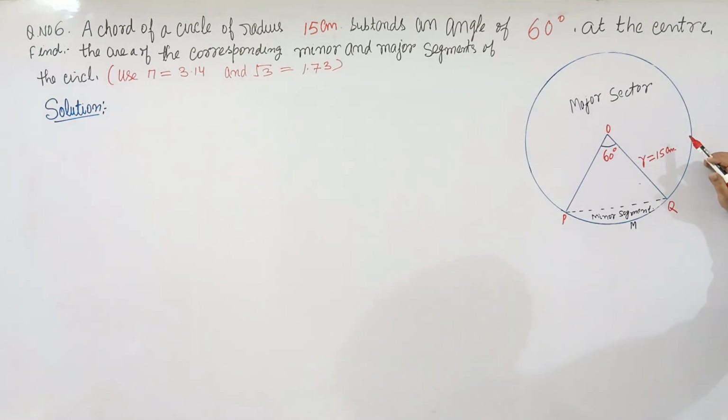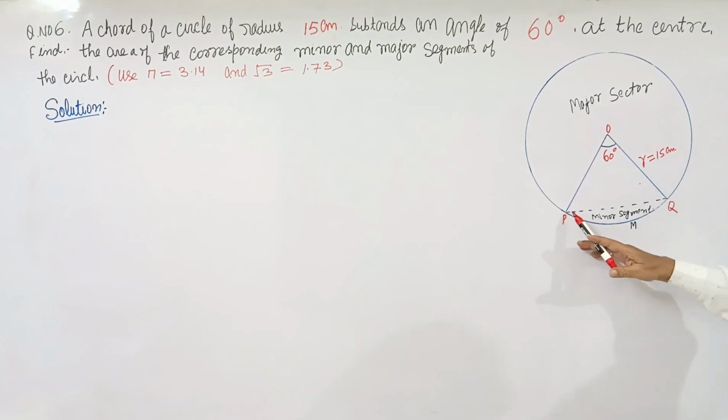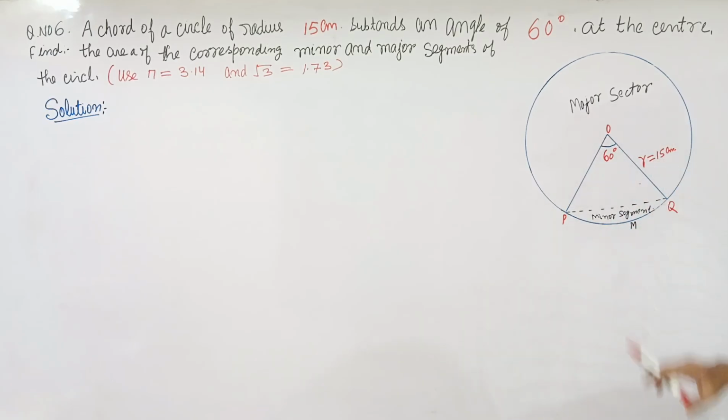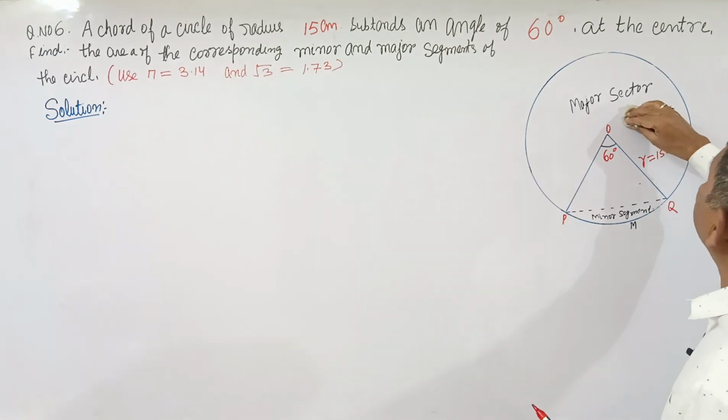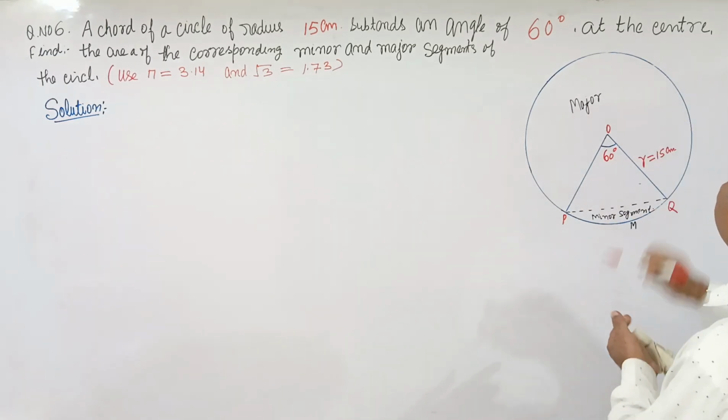Now the figure will be like this. That means the angle made at the center is 60 degree. The radius of this is r equals 15 centimeter. इसमें दो सेगमेंट हो गए, एक माइनर सेगमेंट, दूसरा है मेजर segment.